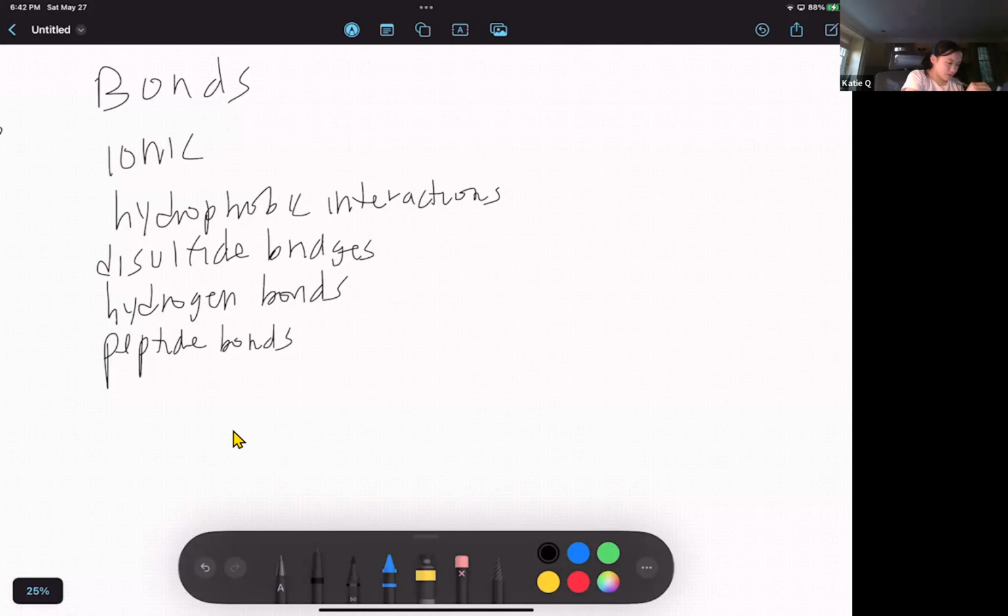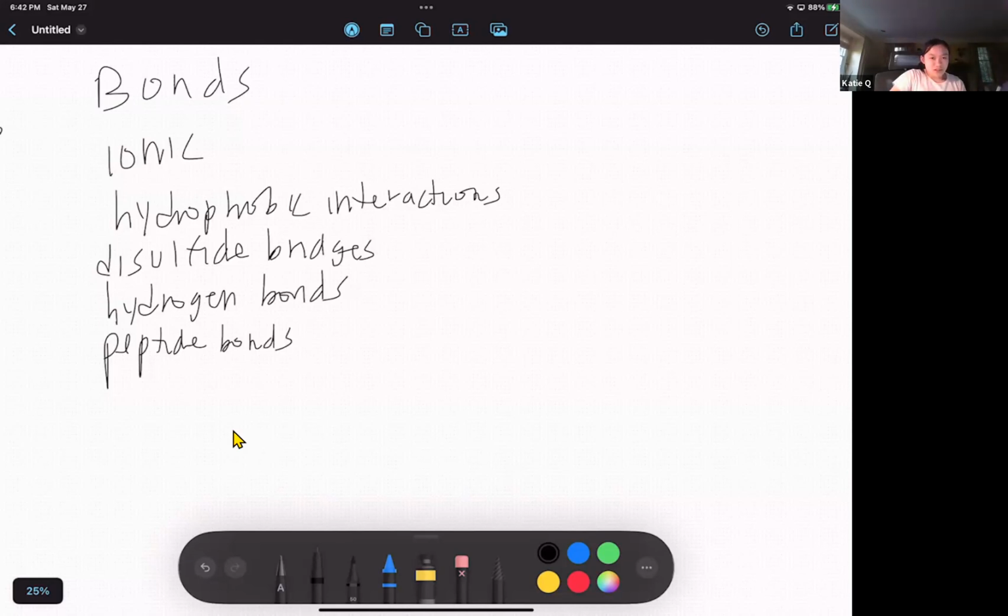Disulfide, again, two sulfur together. I'm pretty sure they form a double bond. Very stable. And hydrophobic interactions. I already drew it, but it's kind of a bad drawing. A property of it is that it doesn't like water.